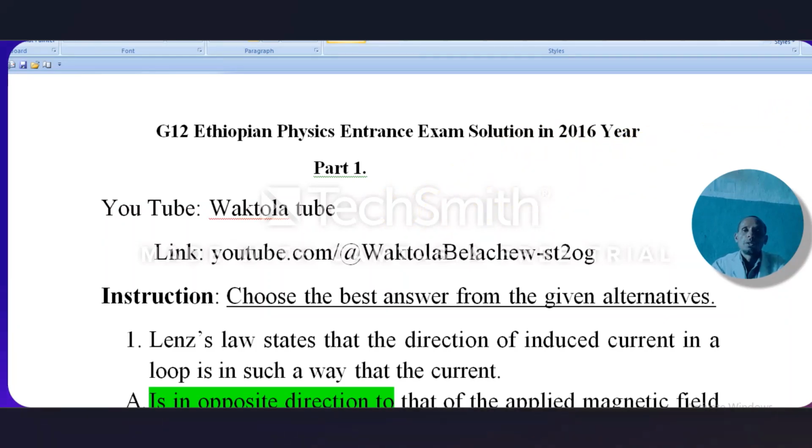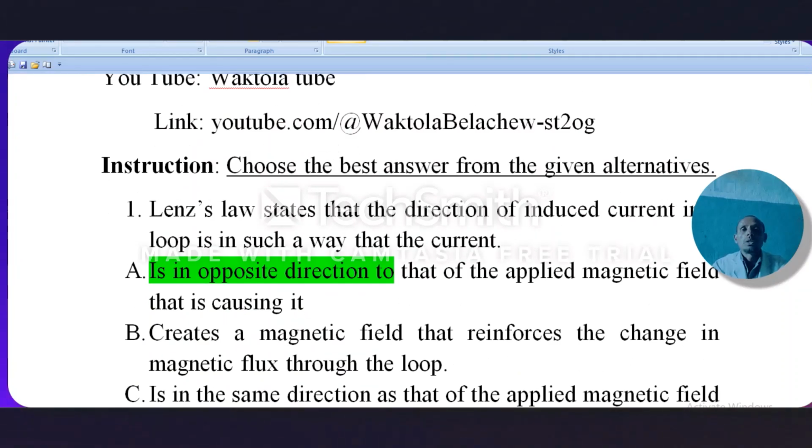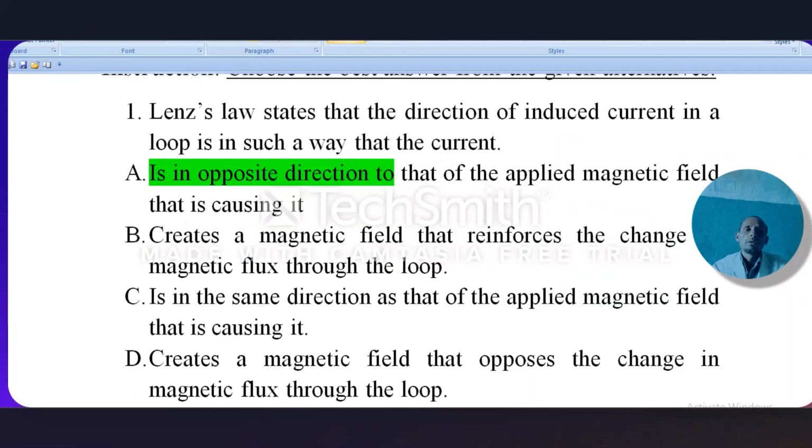Instruction says, choose the best answer from the given alternatives. Question number 1. Lenz's law states that the direction of induced current in a loop is in such a way that the current, choice A, is in opposite direction to that of the applied magnetic field that causes it.